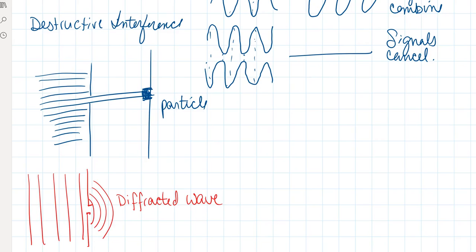And the big thing that proved this destructive and constructive interference was the really famous double slit experiment.